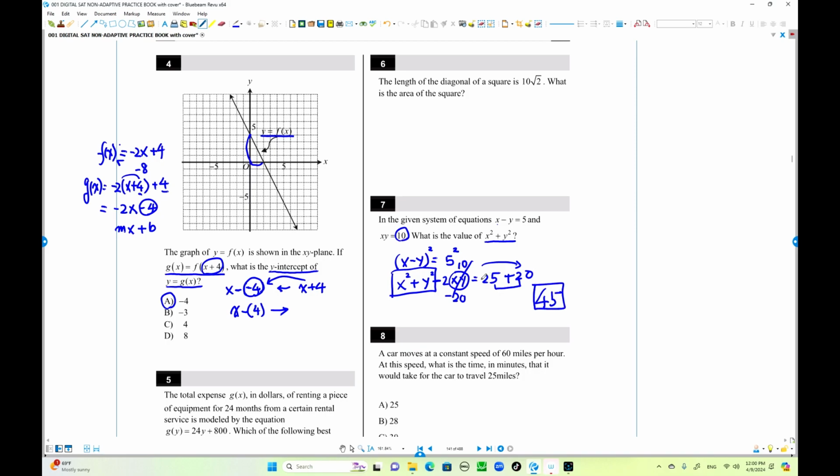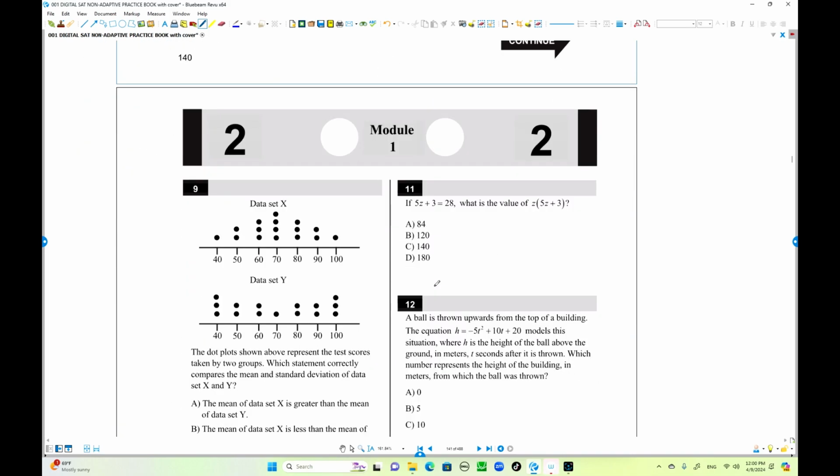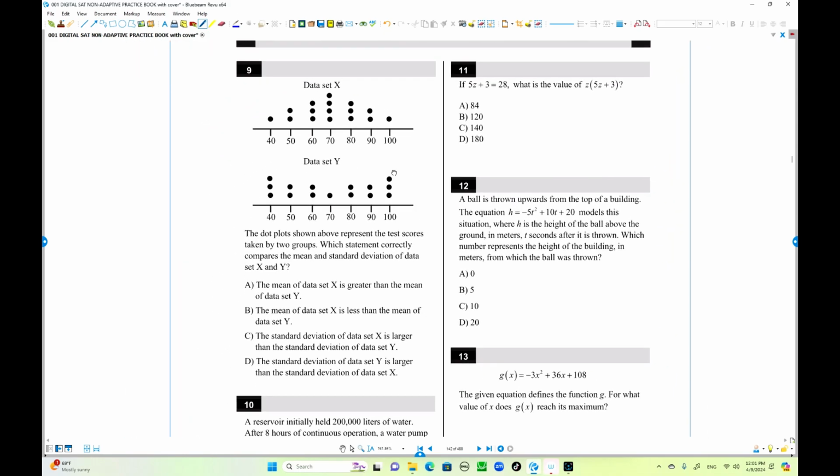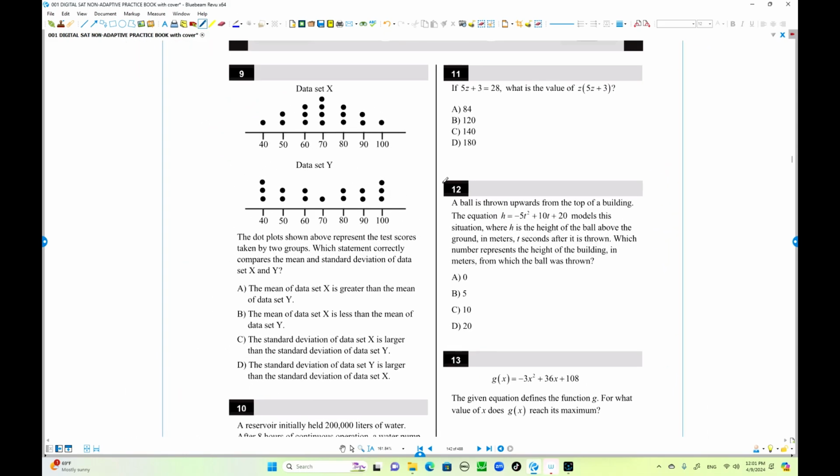All right, now move on. Number 9. This is about mean, comparing, and standard deviation. When you take a look at this type of question, just take a look quickly.